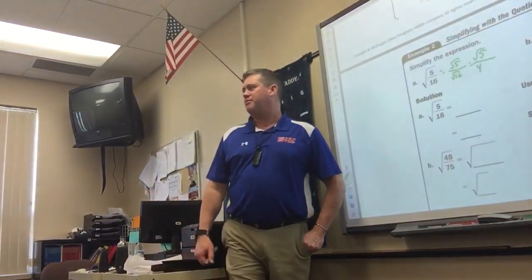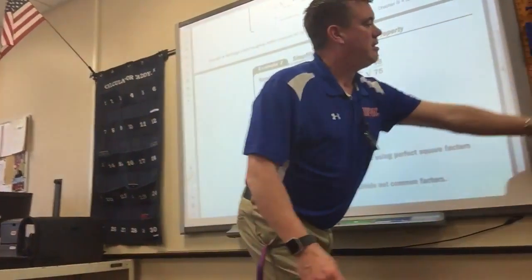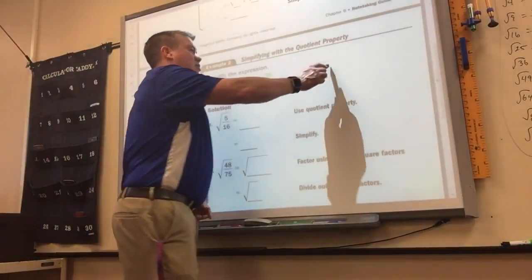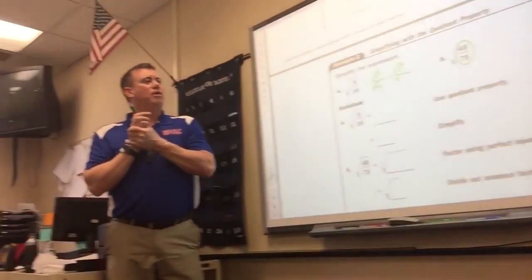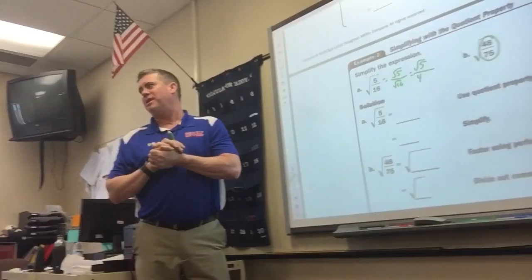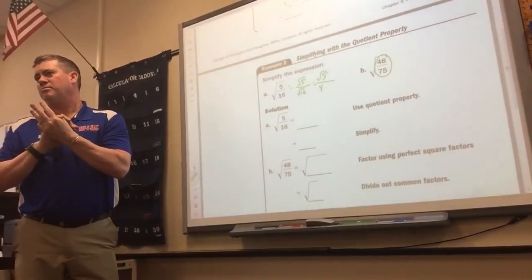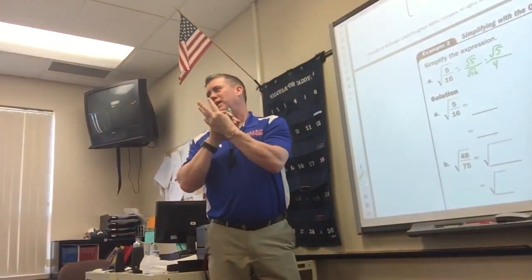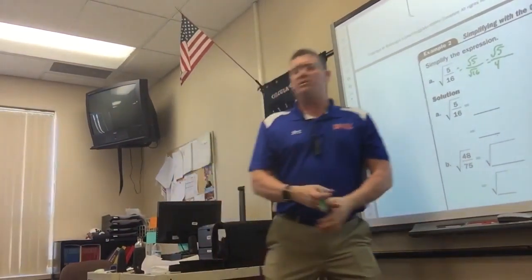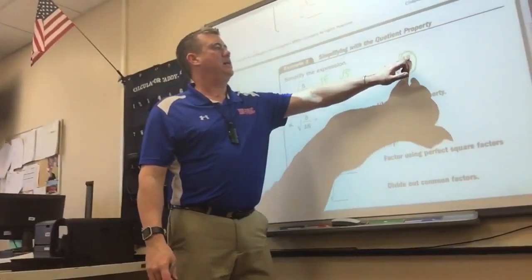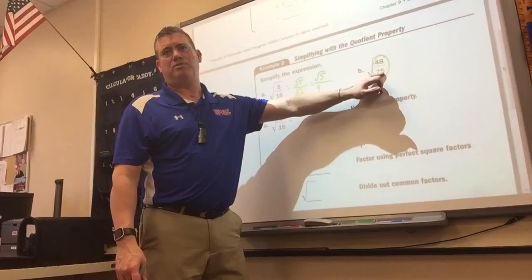Now this one's a little tougher. 48 over 75, neither of these are perfect squares, right? But this can be reduced. What number goes into 48 and 75? 3. Remember the shortcut to see how 3 goes into a number? Add them up. 4 and 8 is 12 and 3 goes into 12. 7 and 5 is 12 and 3 goes into 12.